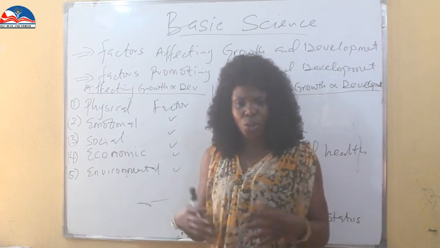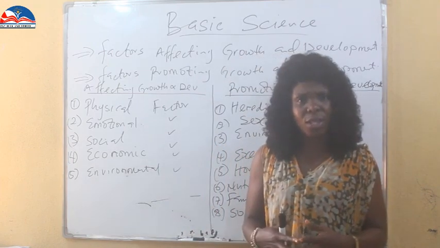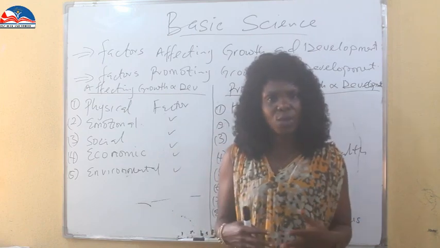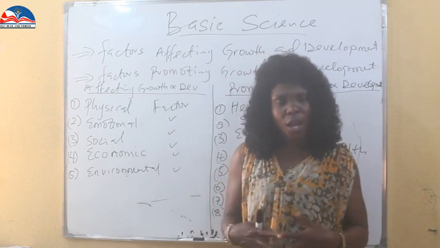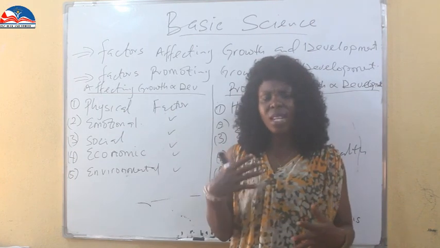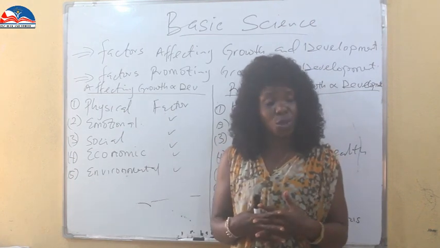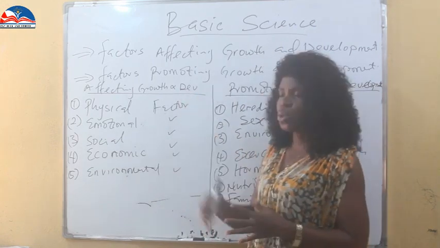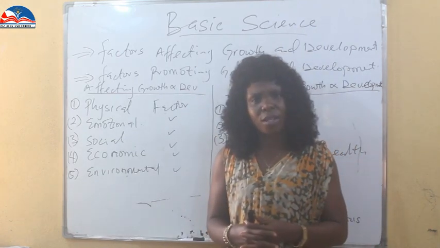Now look at the social environment the child finds himself in, the kind of school we go to, the people we socialize with, the people in our neighborhood, our peer group. These factors affect our social well-being and invariably affect our growth and development.